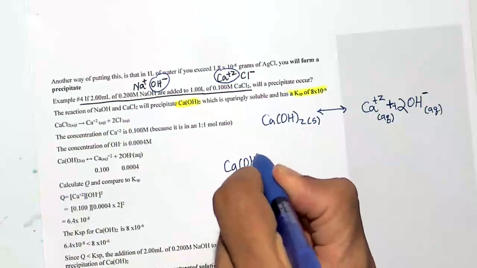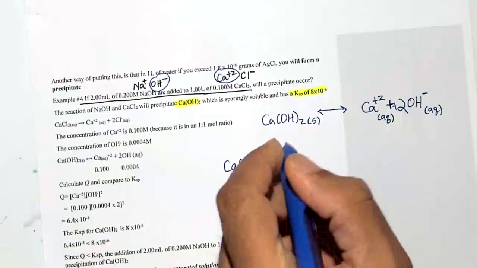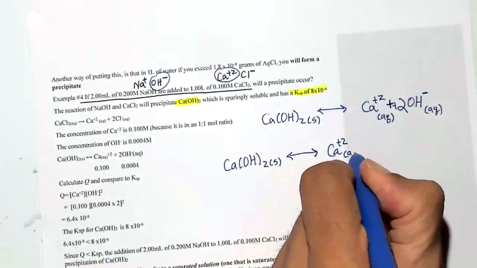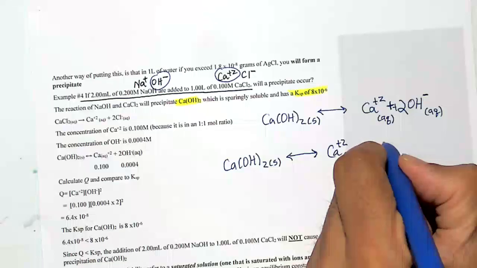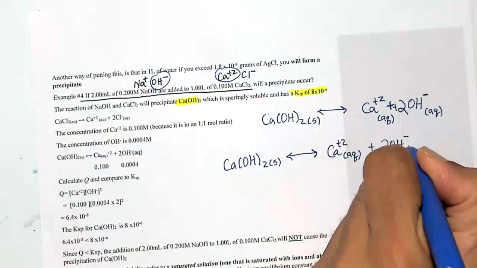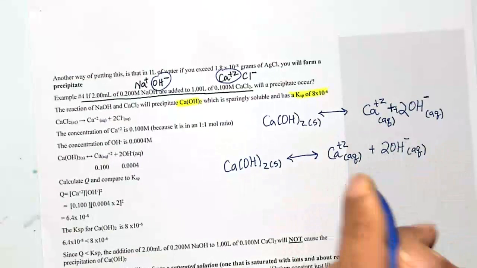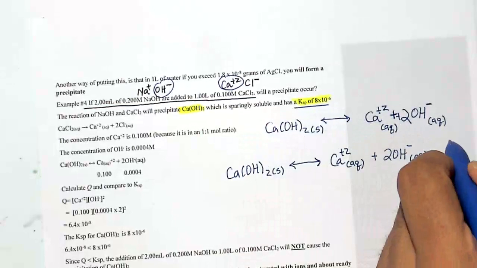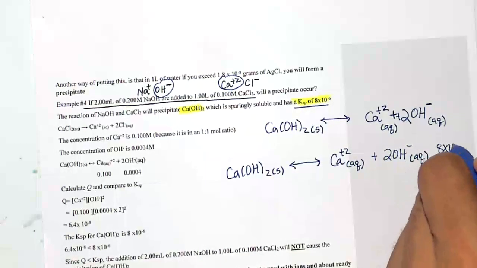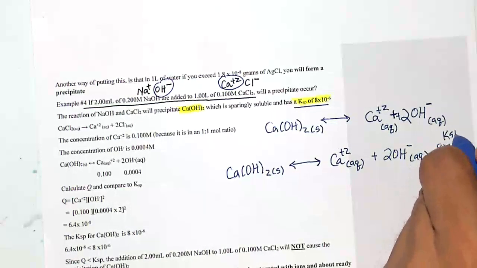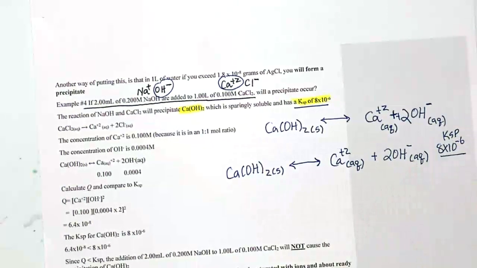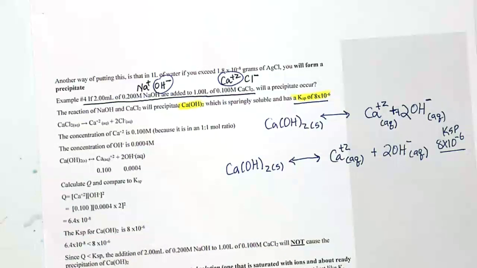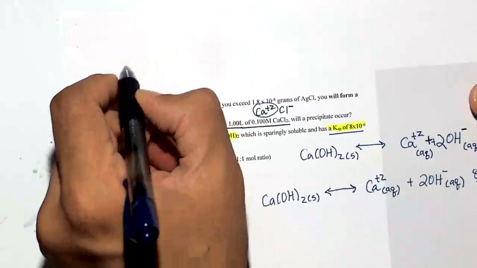Let me write it again here. This is the one that has the KSP of 8 times 10 to the minus 6. So let's do the concentration after mixing.